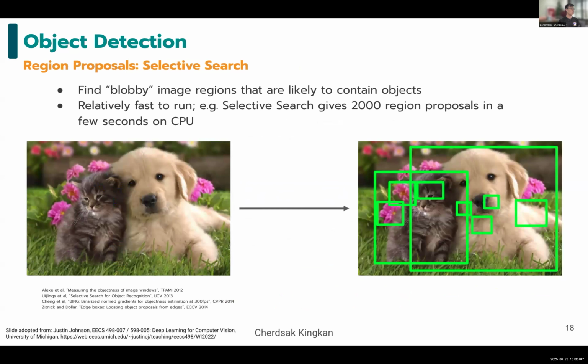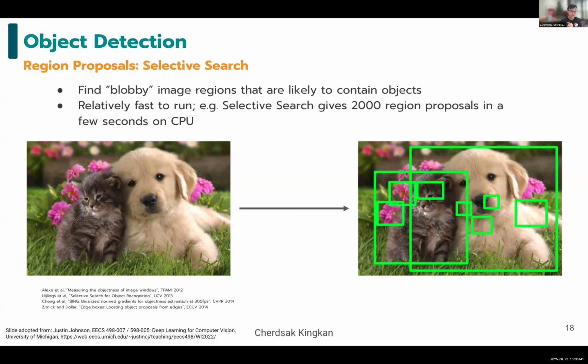So that brings us to the concept called region proposal methods, right? In region proposal methods, there's a very famous technique we call selective search. What this technique does is find blobby image regions that are likely to contain some object.